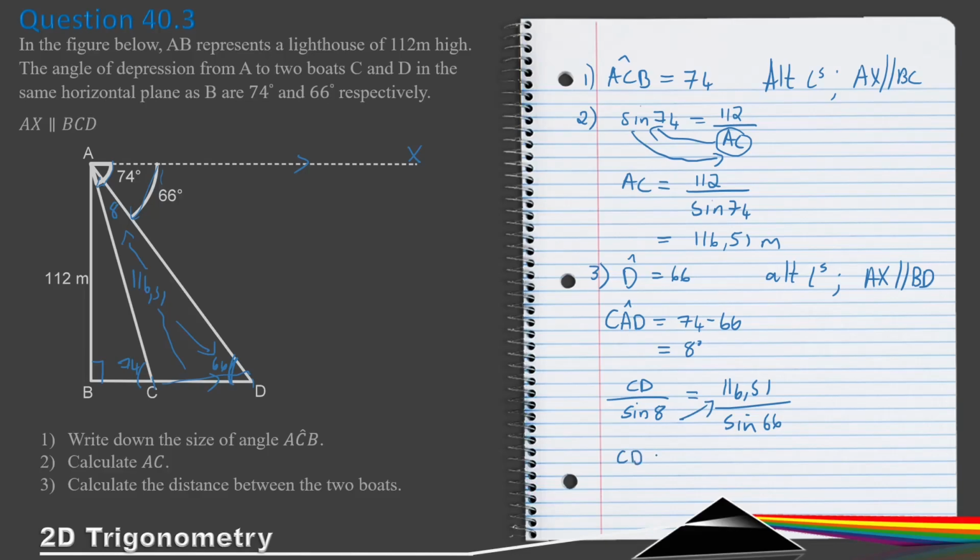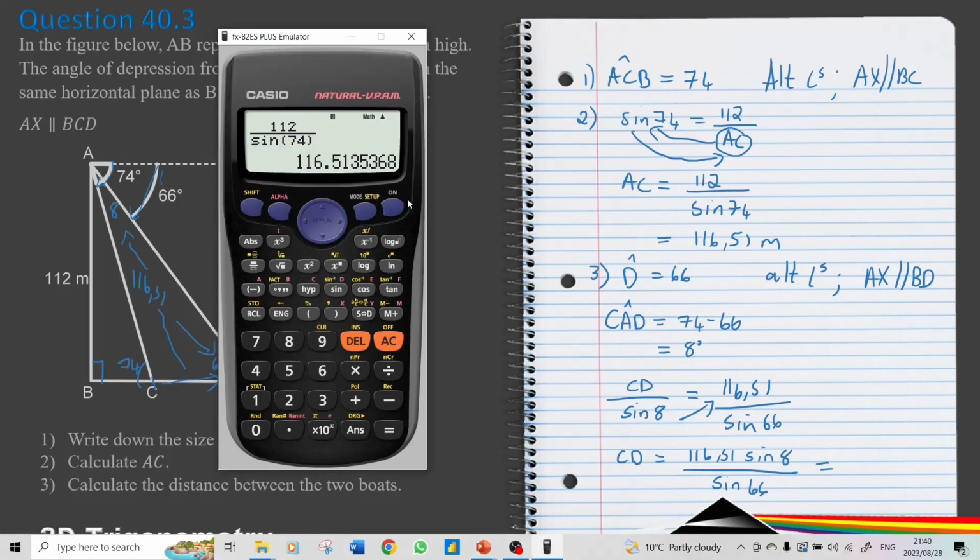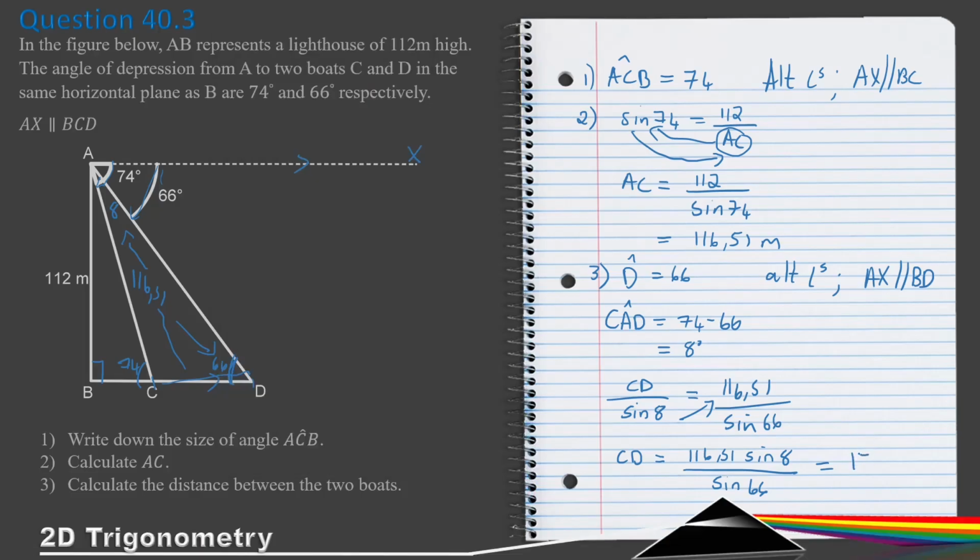So CD is equal to 116,51 sine of 8 over sine of 66. Let's type that into the calculator. So that's 17,75, and that would be in meters.